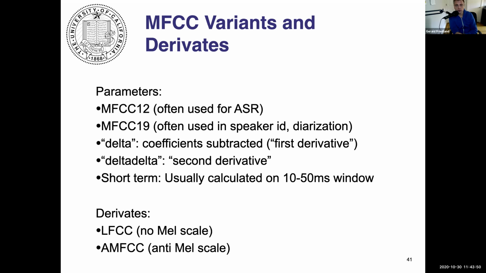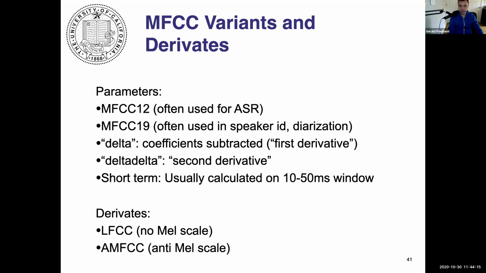And so for speech recognition, often we use 12 only. So then the 16 kilohertz, 160 goes to 12. So it's a factor 10, even more. And then for speaker diarization or speaker identification, figuring out who the speaker is rather than what was spoken, often it's MFCC 19, so a little more, because the higher cepstra seem to give us the speaker.